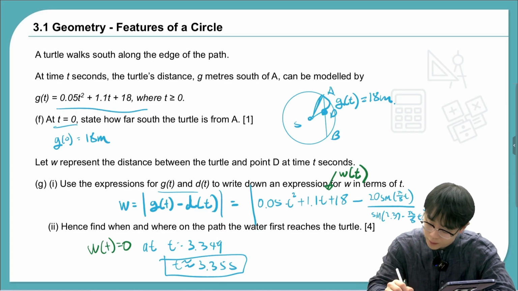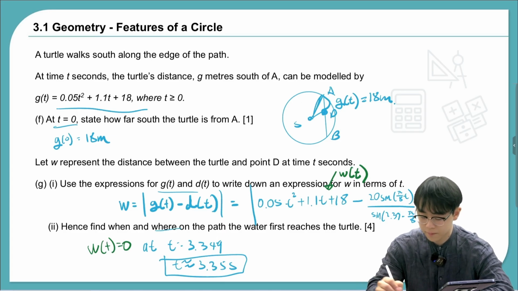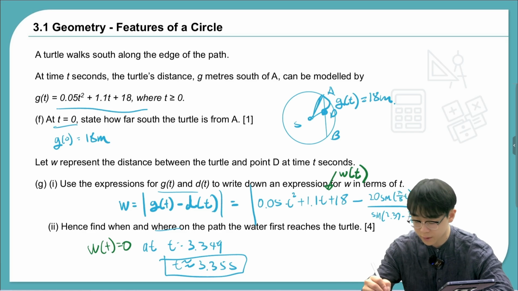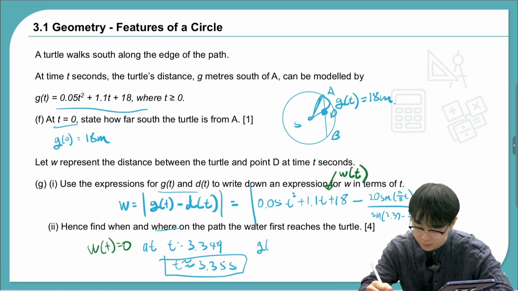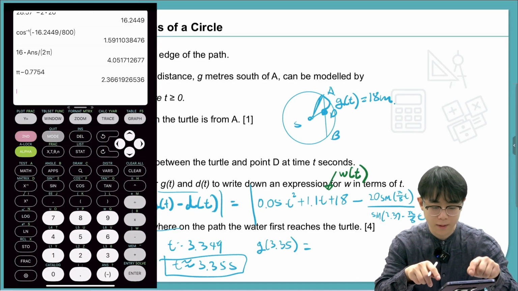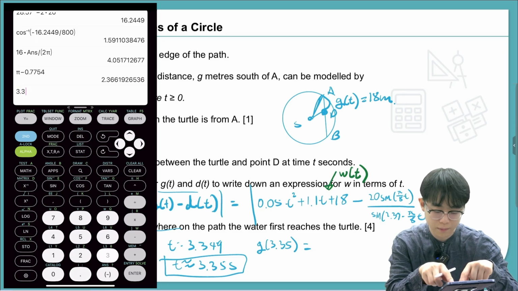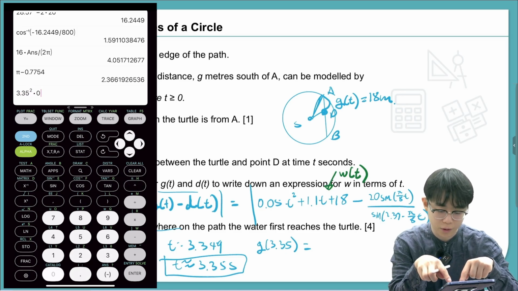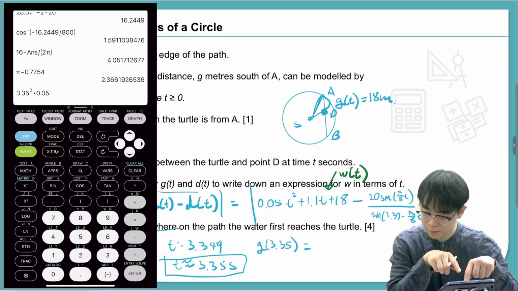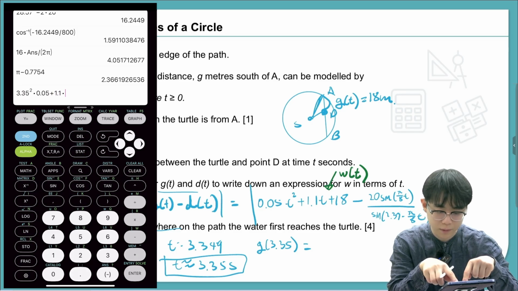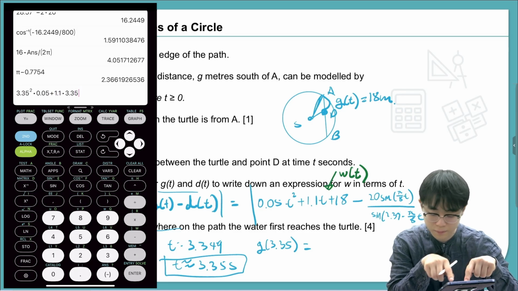So that's the when. In order to find where the turtle is, we could just do g of 3.35, right? So we just plug that in here. So 3.35 squared times 0.05 plus 1.1 times 3.35 plus 18.